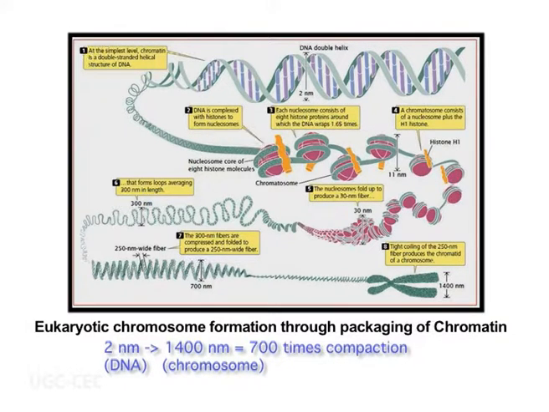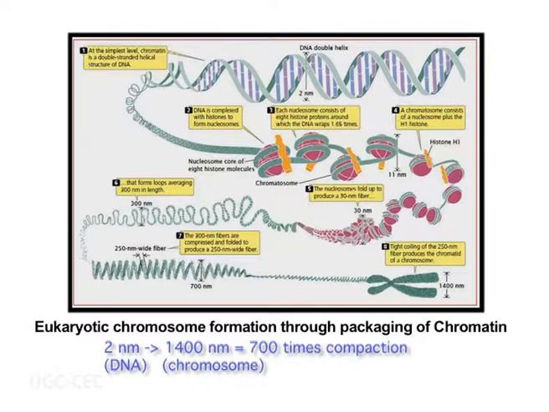Here the histone is getting packed with the DNA. The second level is the formation of the 30 nanometer solenoid fiber model or the 30 nanometer chromatin. Now, this 30 nanometer chromatin is further bent into radial loops or domains which are held to the scaffold protein.